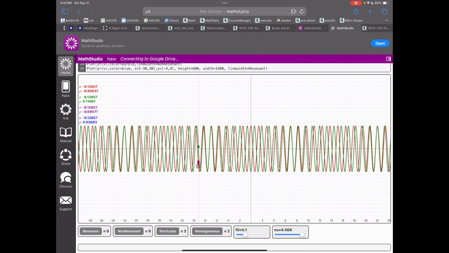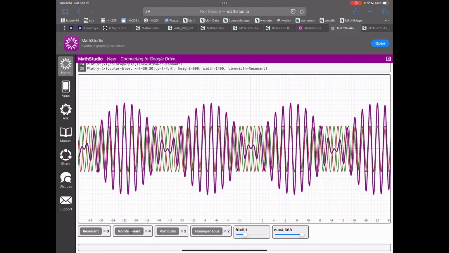Recall that the graph in green already has the negative sign in it, so we are adding these two solutions. Here the two solutions add up, and here they subtract, and you get 0.